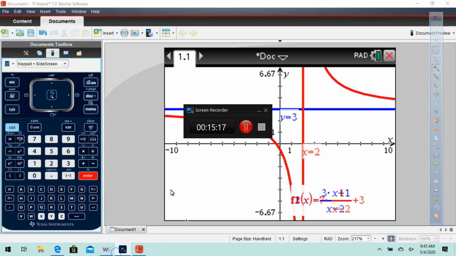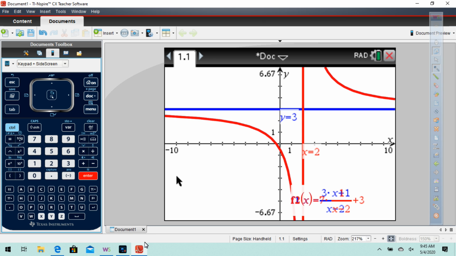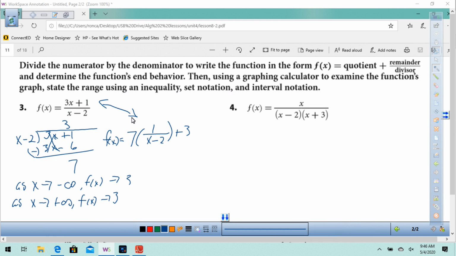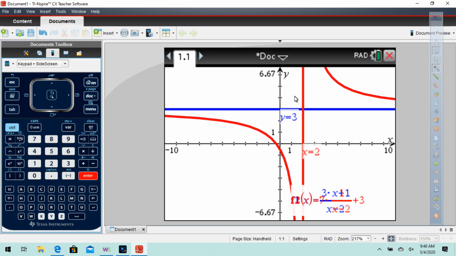All right. Okay. Then using brackets. Now state the range. Well, what do we got? Y is less than 3 and y is greater than 3.